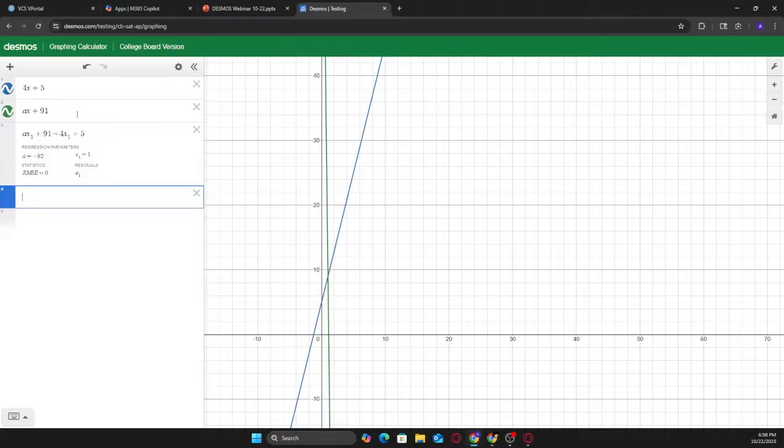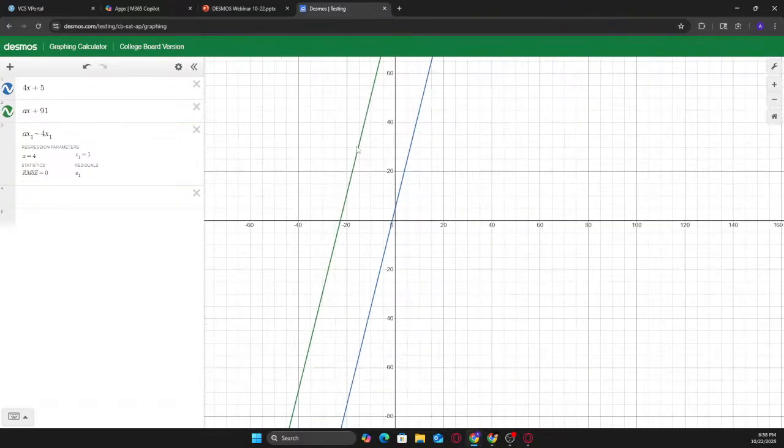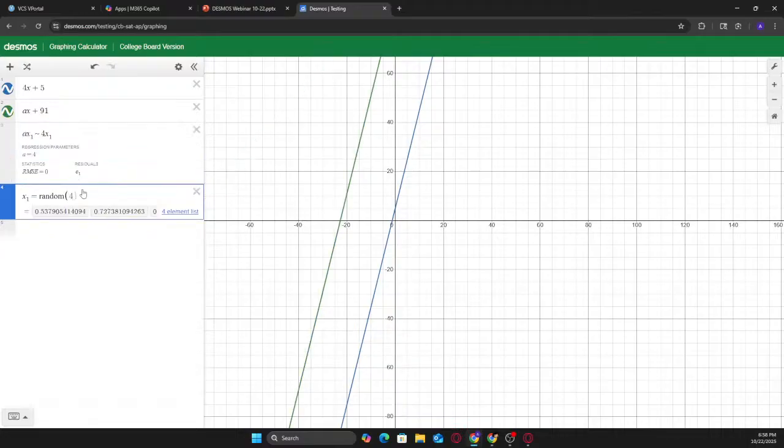What do we need to do? Well, we have to unconsider this. We can't consider the thing that causes it to be parallel, because that affects the slope. We have to not consider those two. If we do random again, 4, you can see that a equals 4 right here, which means they're parallel.